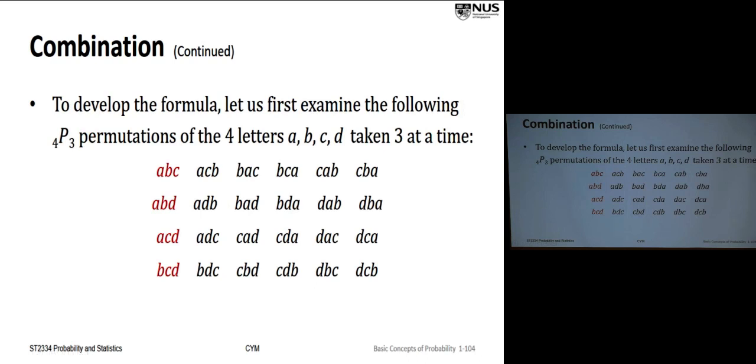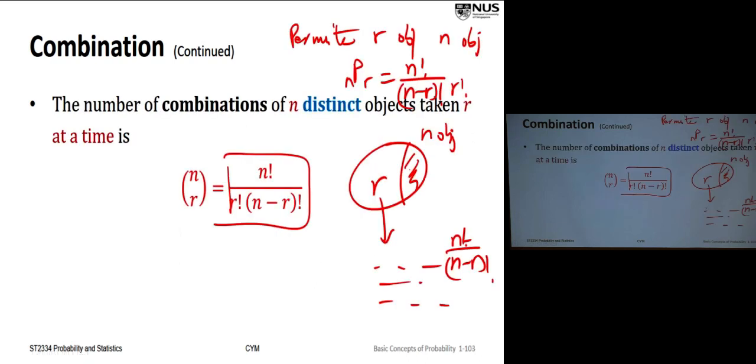So all of these are treated as one way. So I have to count how many of them. How many ways can you arrange the R objects? R factorial ways. So this R factorial to me is just one way to select these R objects. So I have to divide by R factorial. So that's how you arrive at this.